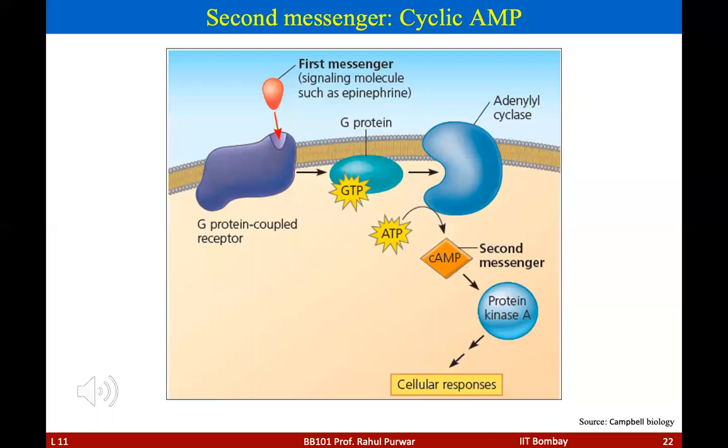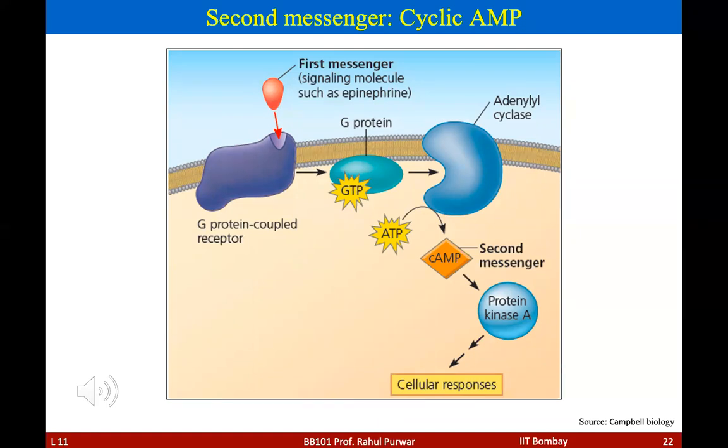Then with the help of G protein, this is a GTP, so that means it got activated. The signal goes to the adenylate cyclase enzyme, and here again the ATP is converted and it becomes cyclic AMP.